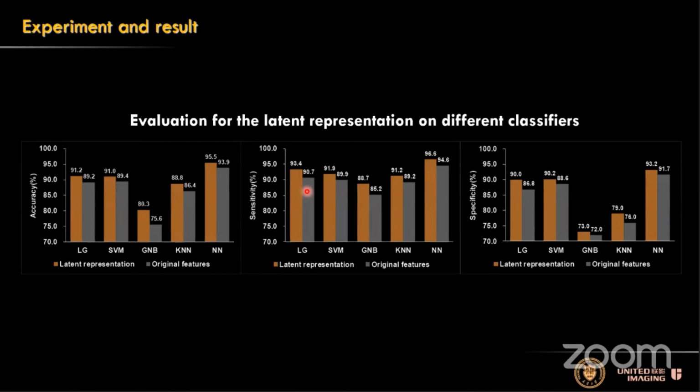According to these figures, we can find that the model with our learned representation, shown as the yellow bars, outperforms that using the original features in all the metrics and with all the baseline models. It validates that the latent representation can be widely used on different classifiers.